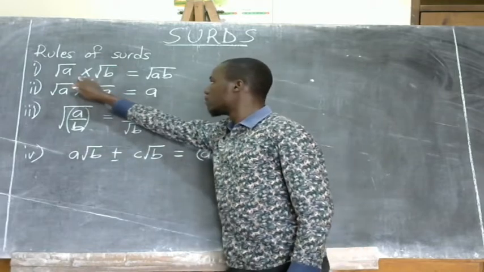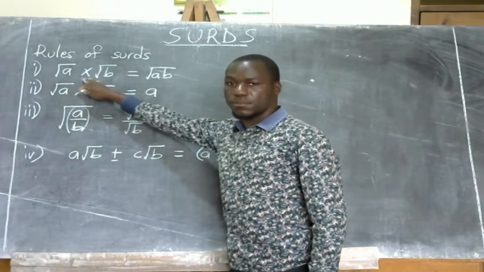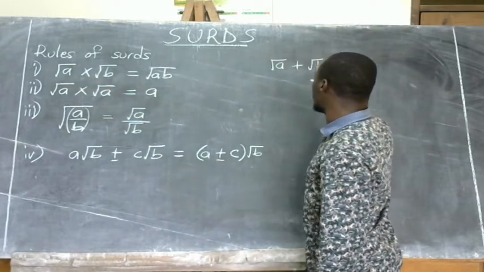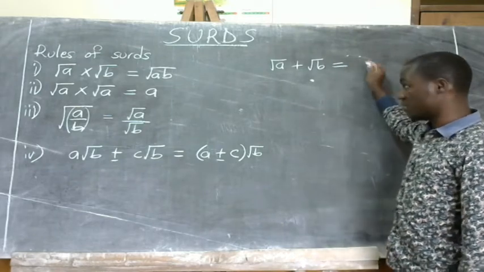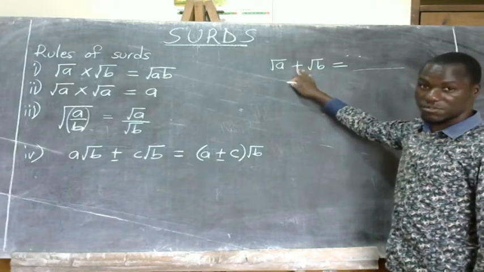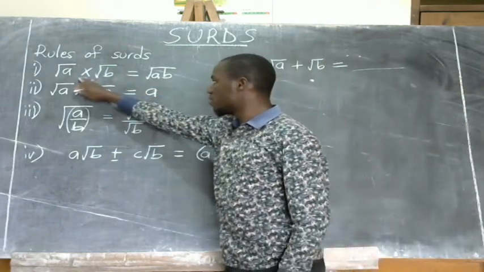This applies only to multiplication. If I have root of A plus root of B, I know people are going to say some things here which are wrong, but this just remains the way it is. It only applies to multiplication.